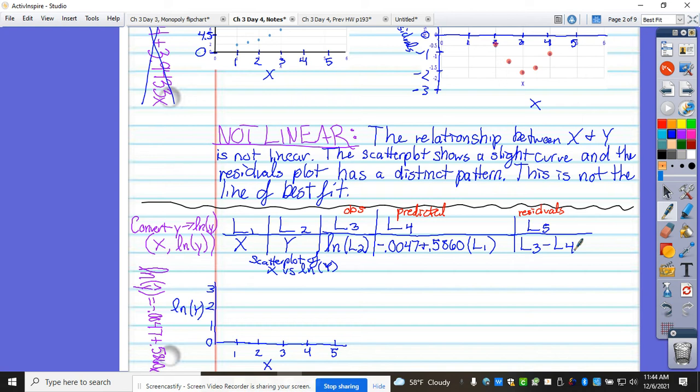And so I know I kind of sped you up just to get through this part. But then I'm going to give y'all time to start graphing things. My graph here is a residuals plot of what? X versus natural log of y.